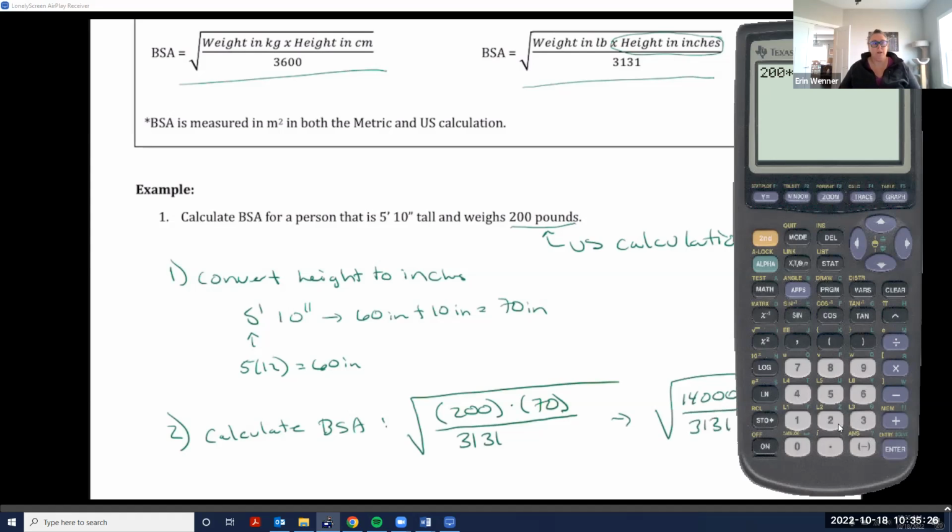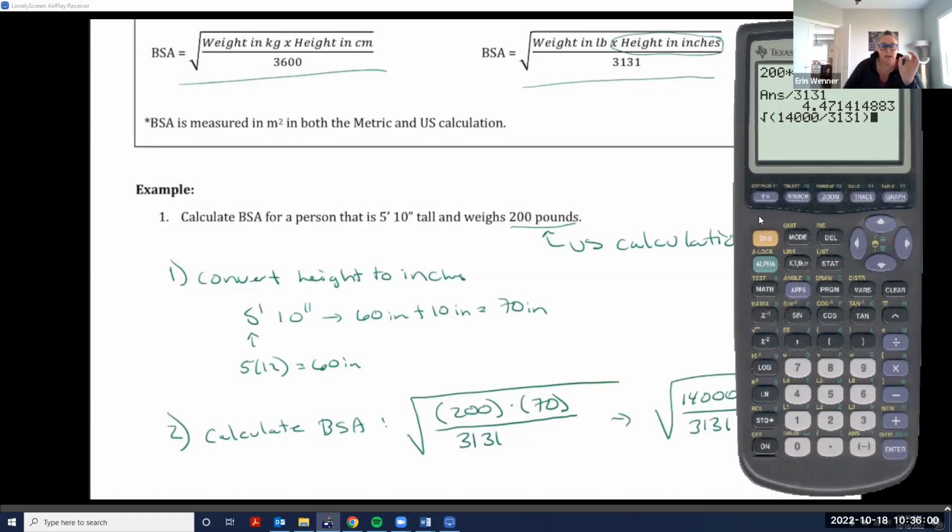If we were to divide this by 3,131, we're going to get this big decimal, and we need to take the square root of that. If we round this and then take the square root, our answer is going to be off. So instead, we need to take the square root within the parentheses. See how we got a parenthesis here? We're going to do 14,000 divided by 3,131, and then we'll end our parenthesis.